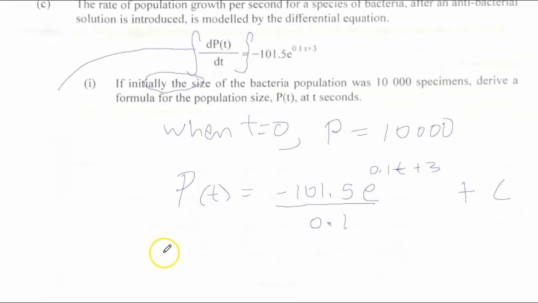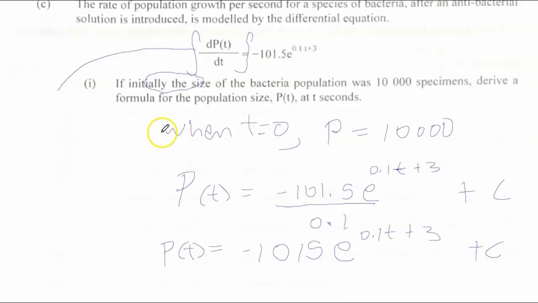Which means that P with respect to time is 101.5 divided by 0.1, that's 1015, negative 1015 e to the 0.1t plus 3 plus a constant.